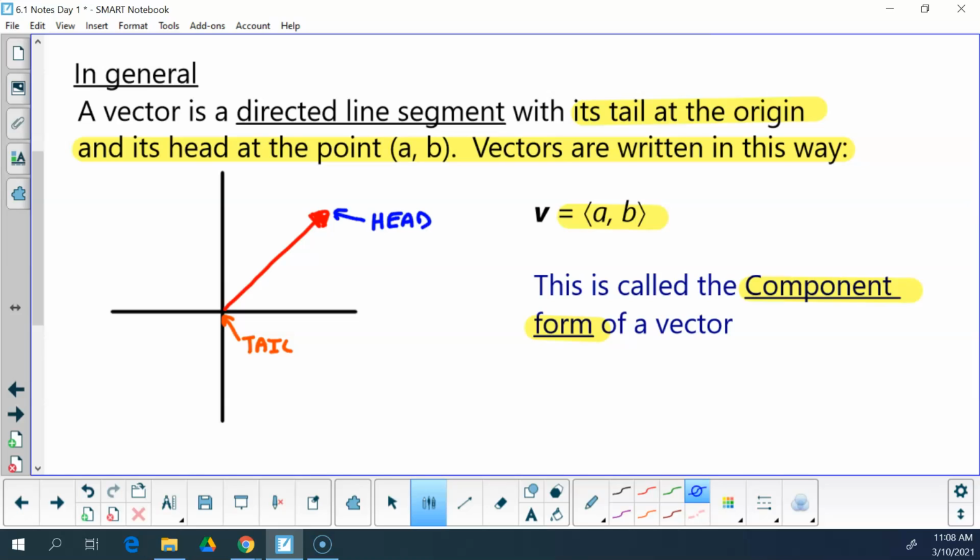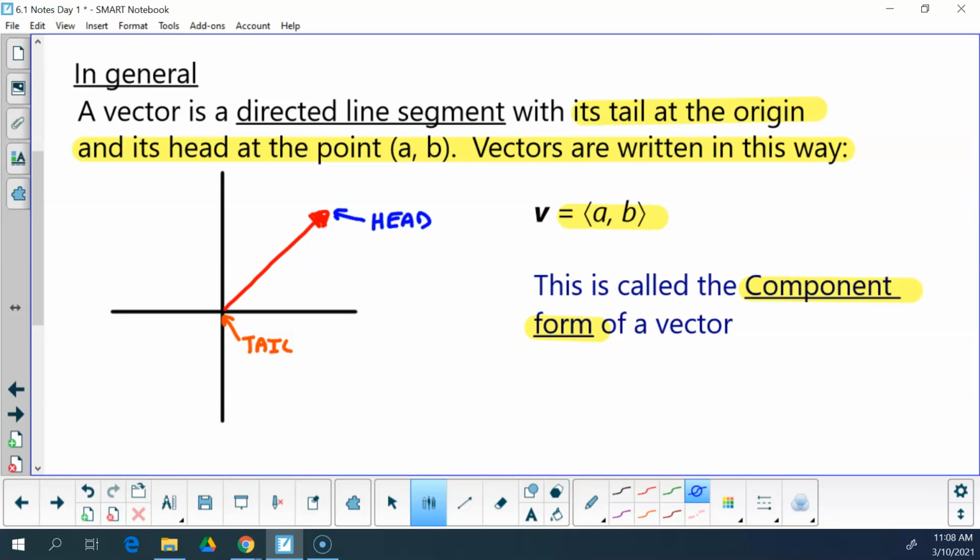So the tail is at the origin, and the head is there. But it doesn't have to necessarily be that way. It could be somewhere off in the middle of space, and we'll find out here in a few minutes how to find the component form of any vector.